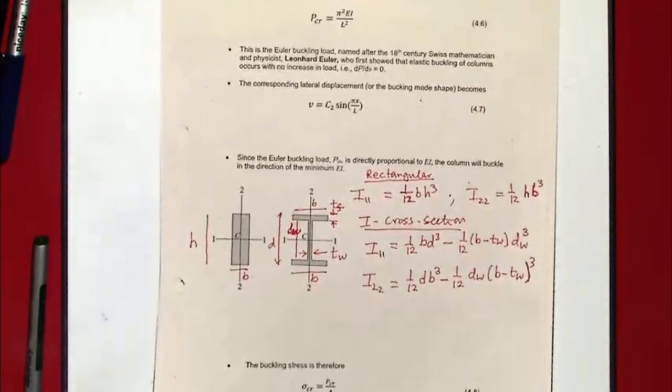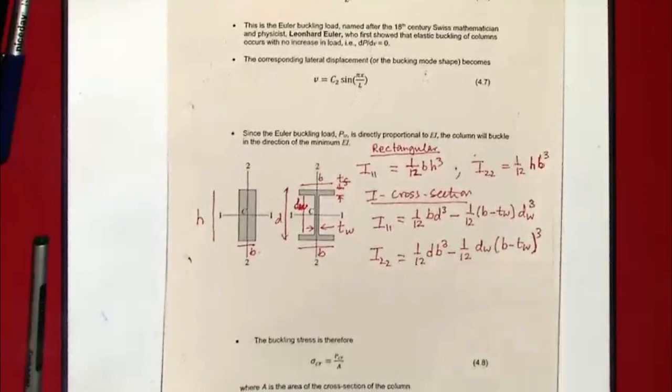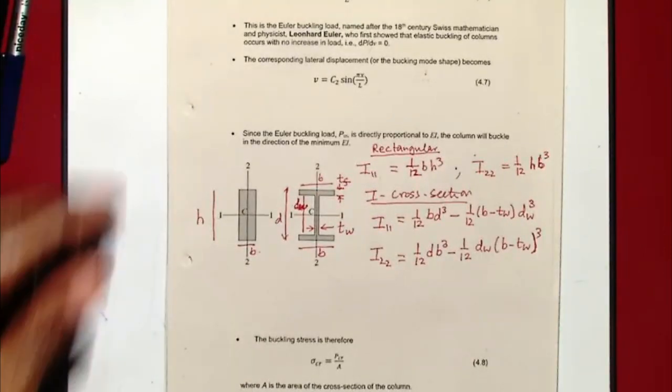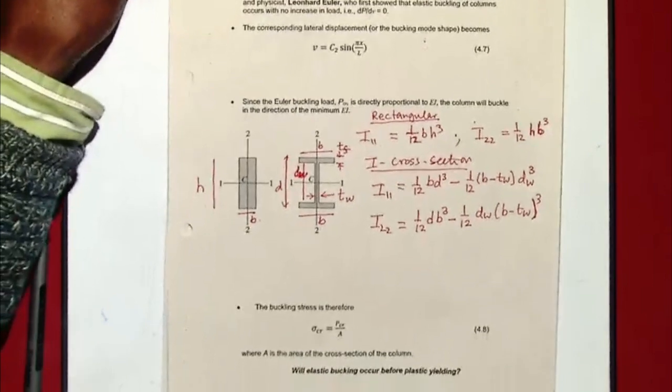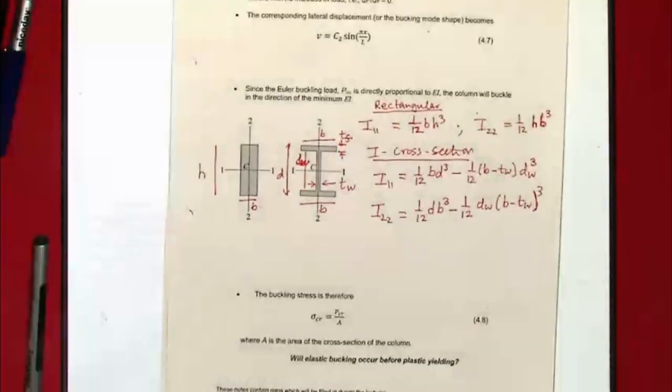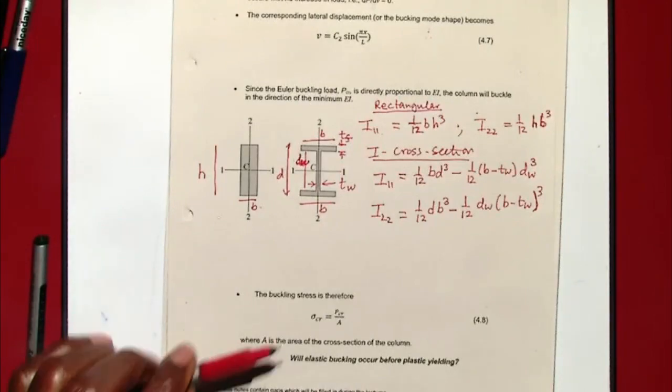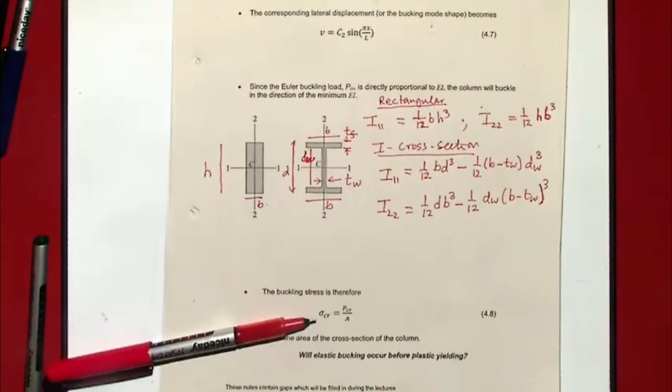sometimes you don't get that type of failure because you are increasing the load in compression. That structure might yield before it actually fails by unstable failure. So in that sense, we want to compare what will be the stress when that critical load is acting on it.